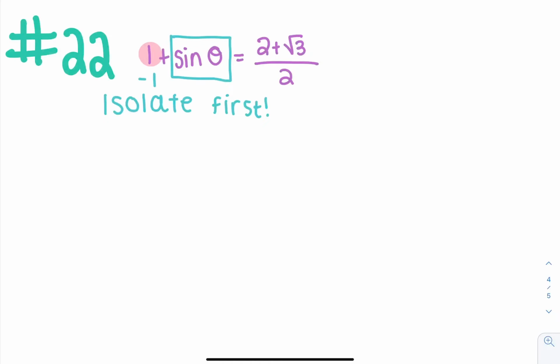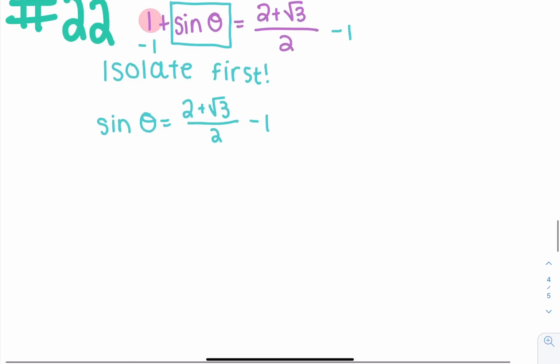So I'm going to subtract 1 from this side and subtract 1 from this side. Now this is where you have to be careful. We have sine of theta equals (2 plus the square root of 3) over 2 minus 1. If you try to plug that into your calculator, it's going to give you an answer that's just a decimal approximation. But remember, our table actually has a square root. So what you want to do is try to simplify this by hand.